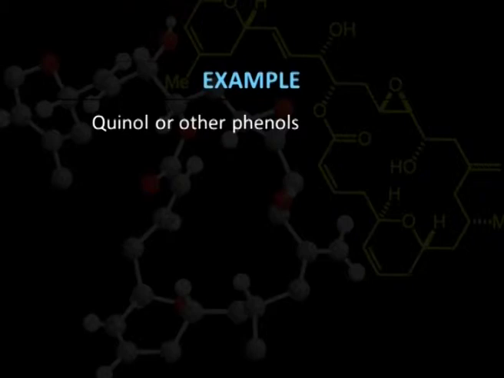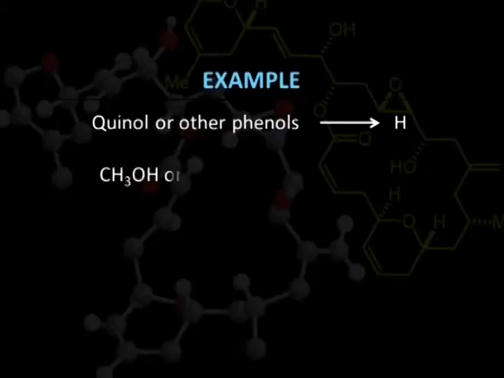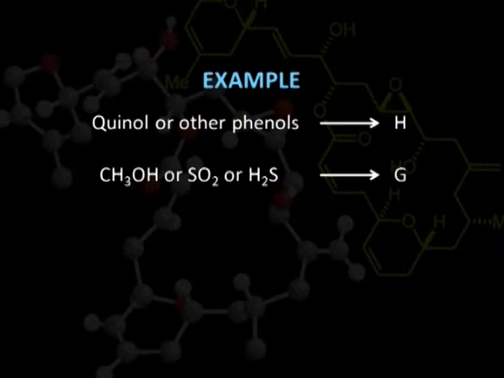Here are some other examples of the clathrate compounds. Quinol or other phenols often act as host molecule and into the cavities, molecules like methyl alcohol, sulfur dioxide, hydrogen sulfide are being trapped. Hence, they are acting as guest molecules.